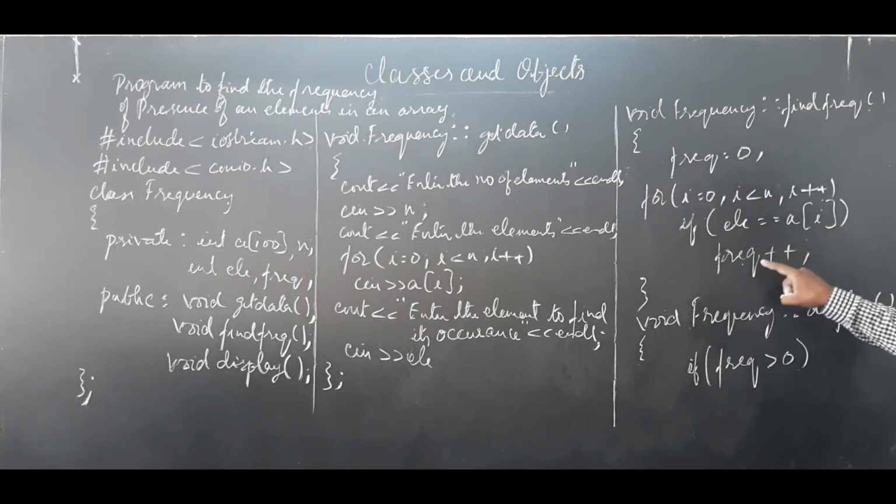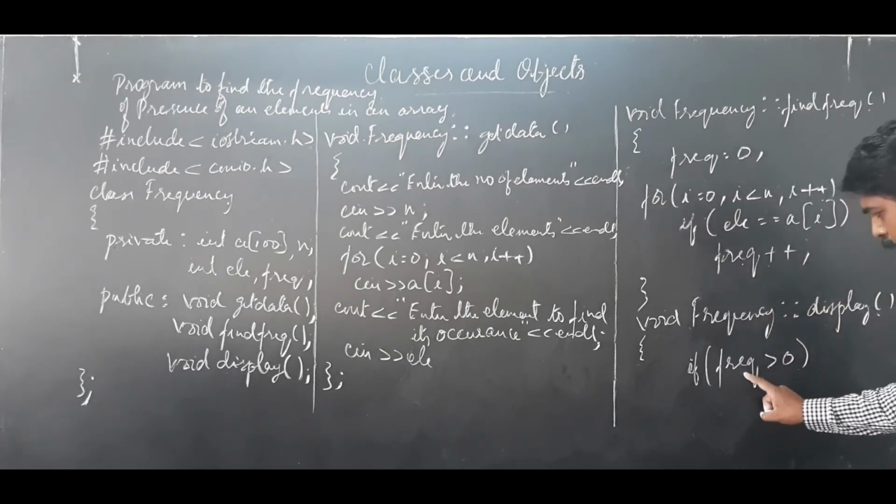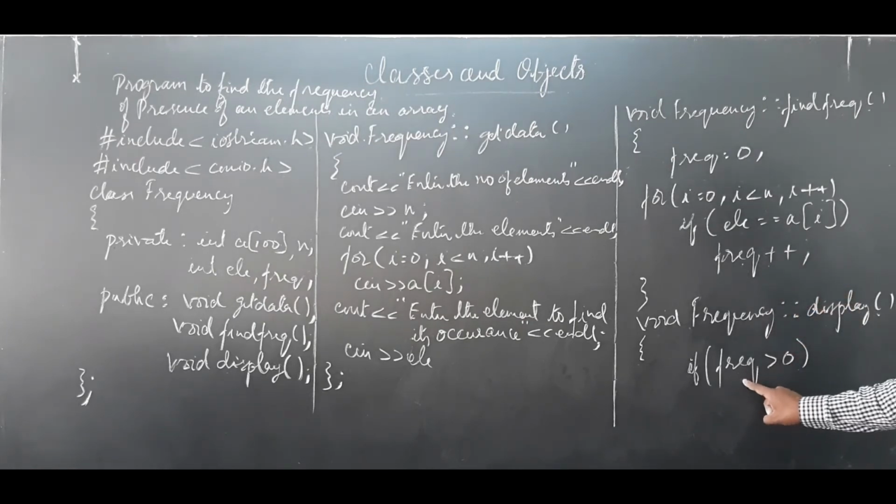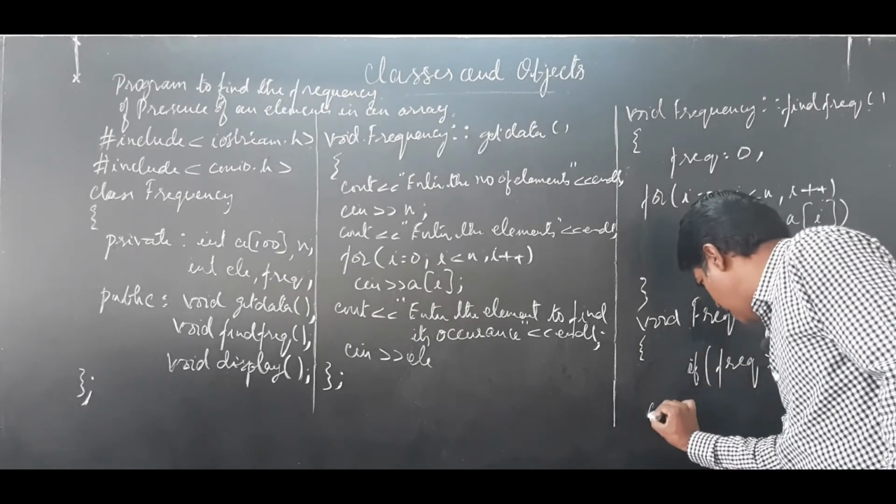If it is found, the frequency counter will be incremented, and once the counter is incremented, the output depends on this condition. So FREQ greater than 0, then I am going to say what?